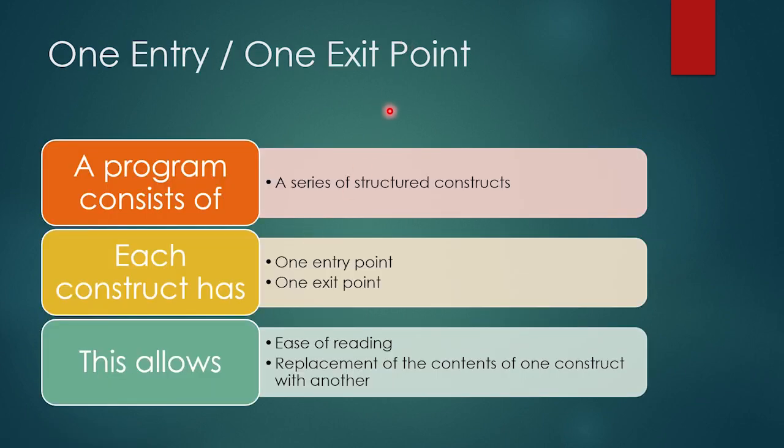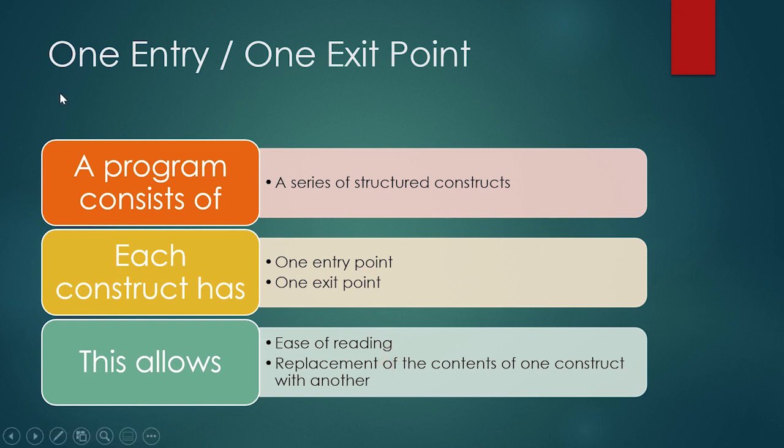All of our structured concepts should have one entry point and one exit point. So we know that a program consists of a series of structured constructs, and we're going to be looking at what a structured construct is. Every construct has a single entry point and a single exit point. And the advantage of that is, first of all, it's easy to read because you don't have to look to see if there's multiple exit points.